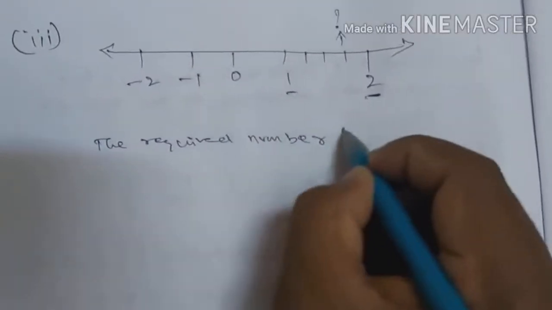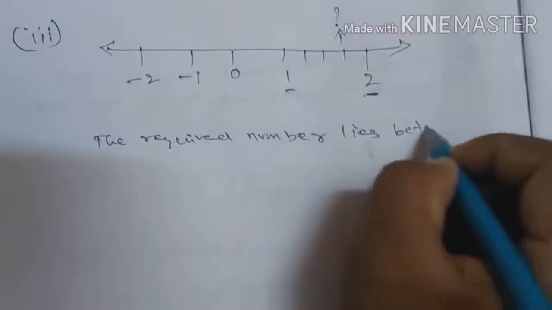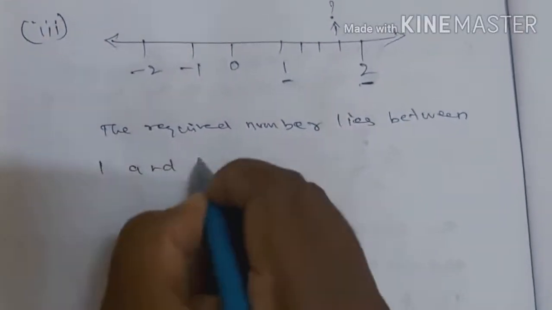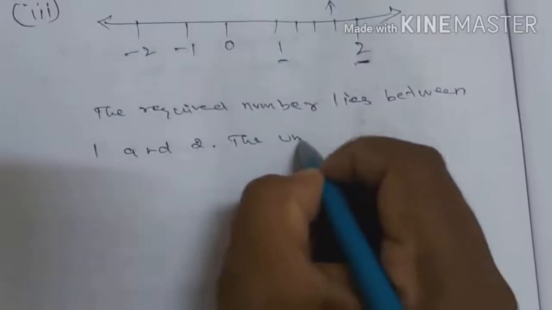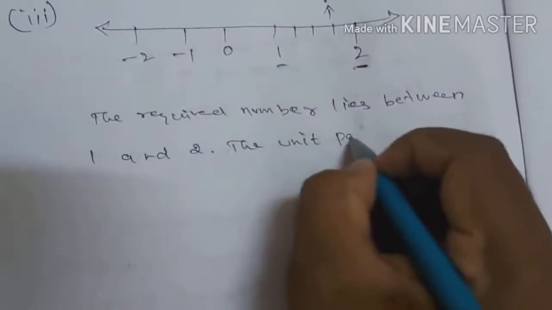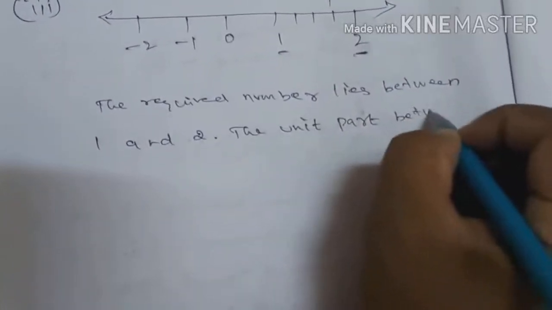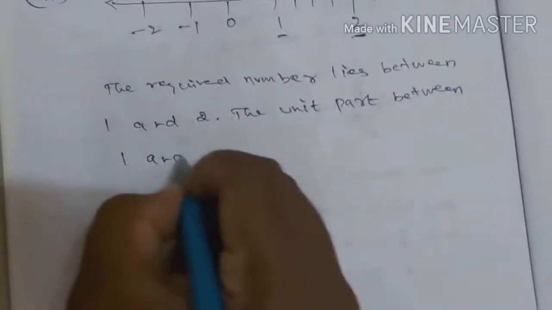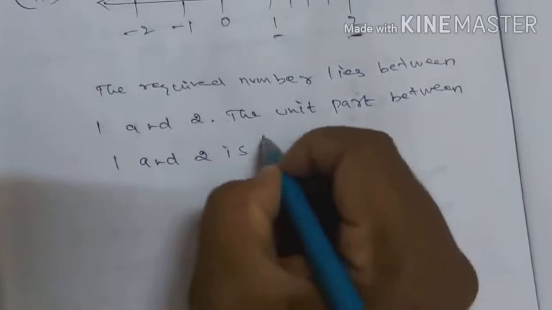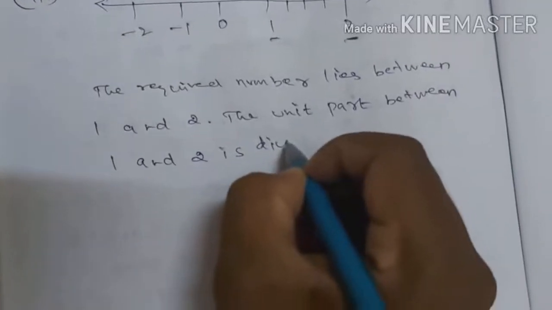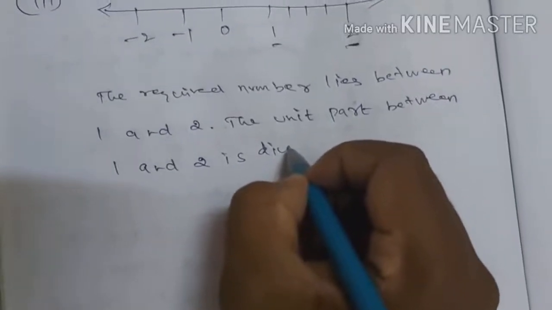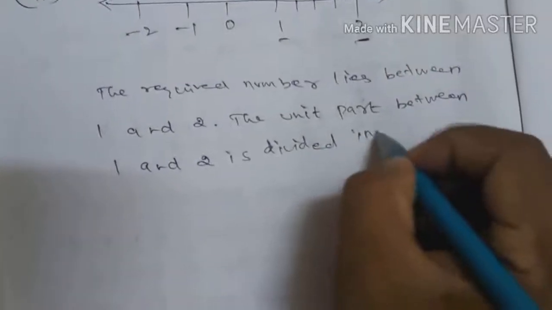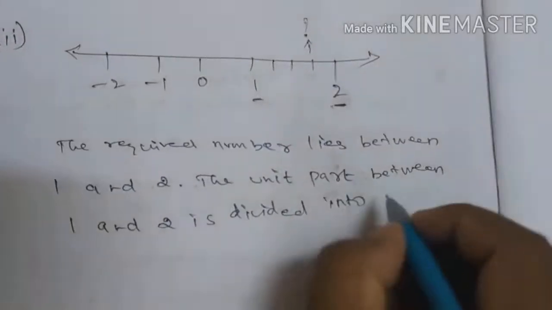The unit part between 1 and 2 is divided into 4 equal parts and the third part is taken.